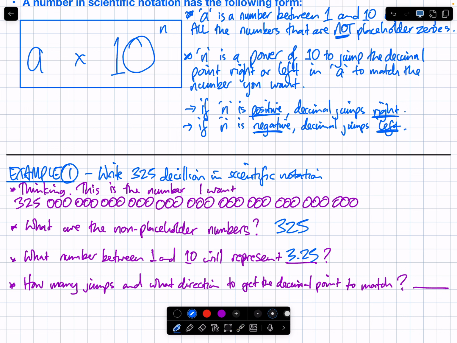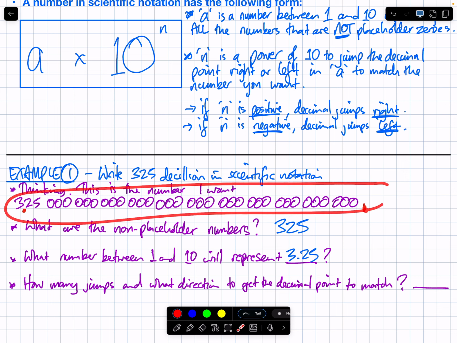So imagine the decimal point right now is between your 3 and 2 in that giantly long number. Where actually is the decimal point? It's all the way here. See how they're not in the same place? I want to represent it with a number that's got the decimal point between 3 and 2, but the decimal point in my actual number is all the way over here because it's a whole number.